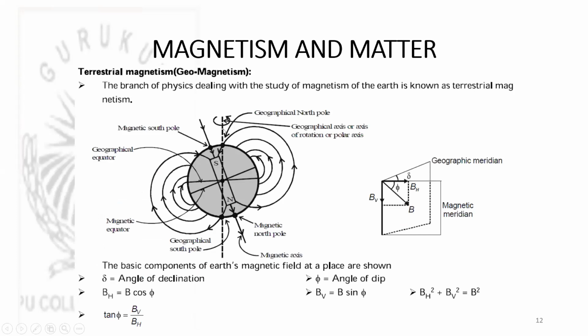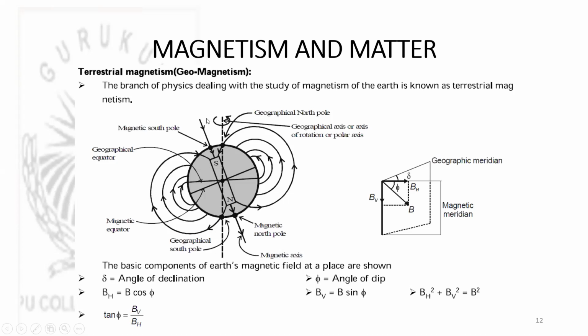If you carefully see, the magnetic field lines are entering the earth surface at this position, which is slightly away from the geographic north pole, and the magnetic field lines of earth are coming out from this point, which is slightly away from the south pole of the earth.